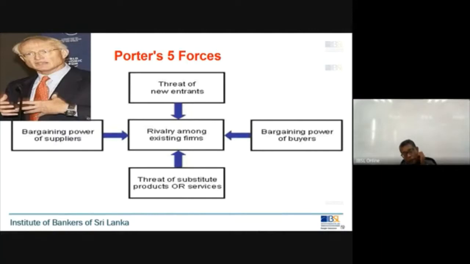Whatever you do, they try to copy or damage your strategy. Then we look at the threat of new entrants. New banks can come into the Sri Lankan banking fraternity. Like recently, the Bank of China came, and Kyrgyz Bank came.